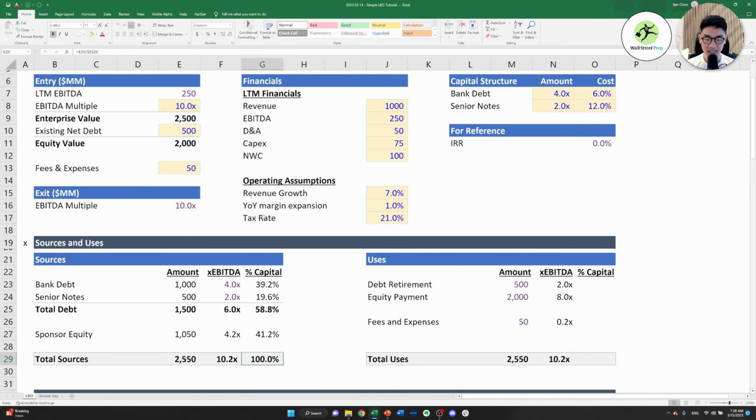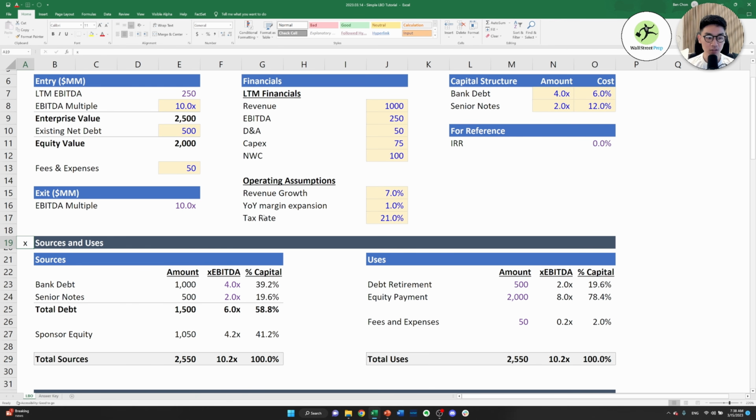And this should always equal 100%, right? Everything that you're funding the deal with should eventually be 100%, and everything you're using to fund the deal should also be 100% eventually. Okay, so that covers our sources and uses.